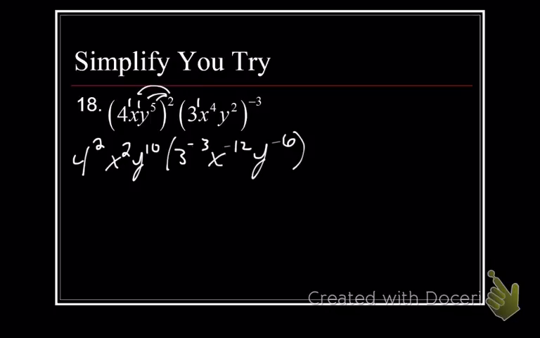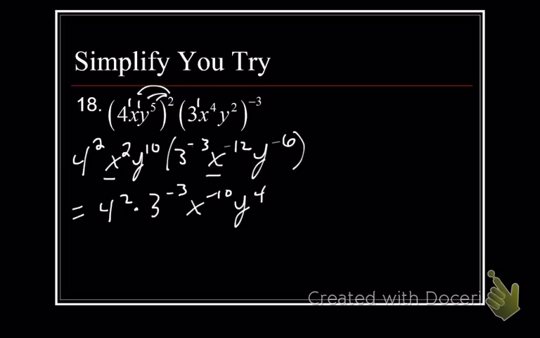But like I said, when you have like bases, go through and add those exponents first. I'm going to move my numerical bases out front. 4 squared times 3 to the negative 3rd. Now, x and x here, I can go 2 plus negative 12 and give me negative 10. I can go 10 plus negative 6 and give me 4.